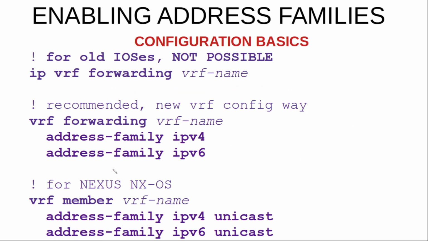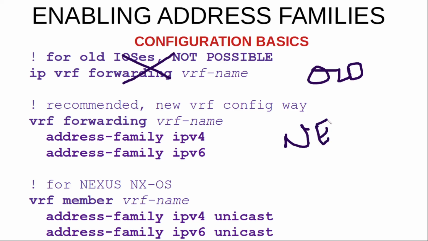Now, remember that you can use address families for your VRFs. In this case, this means that you are enabling this protocol for your VRF. So for the old configuration, you cannot use address families. But for the new configuration, you can actually go and type in address-family ipv6.